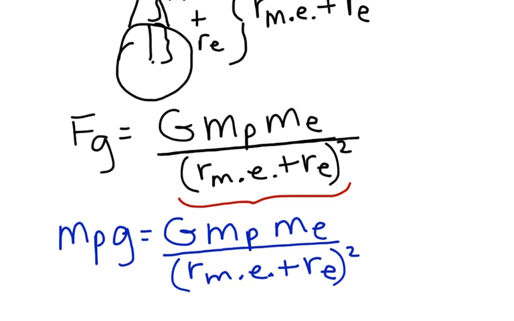Now, if you see here, something does cancel, and it is the mass of the person. So I am left with the acceleration due to gravity is equal to the universal gravitational constant multiplied by the mass of the person. If you notice here, the distance again between the person and the center of the Earth has increased, so the acceleration due to gravity has decreased.